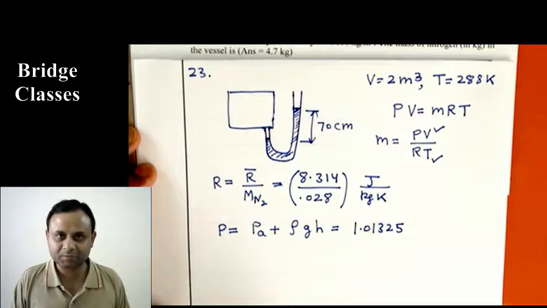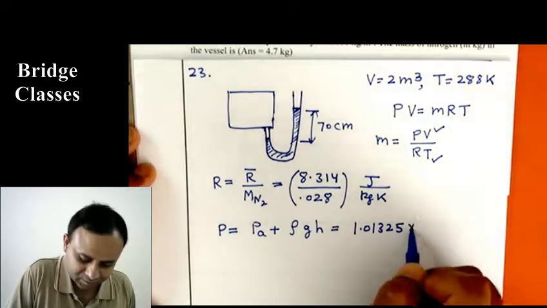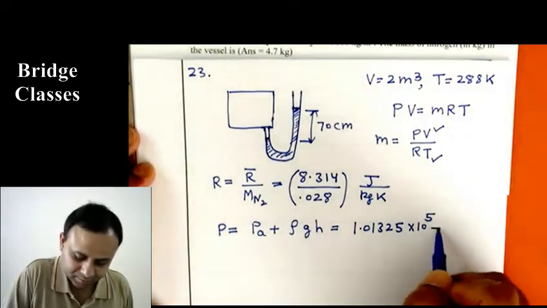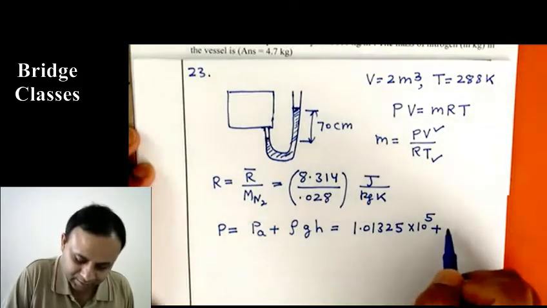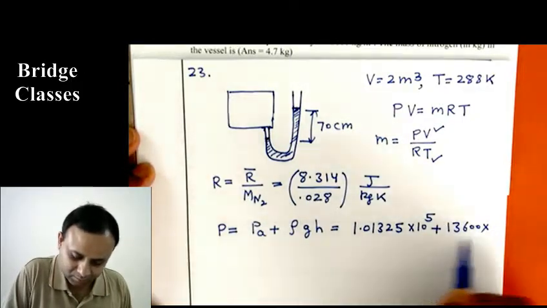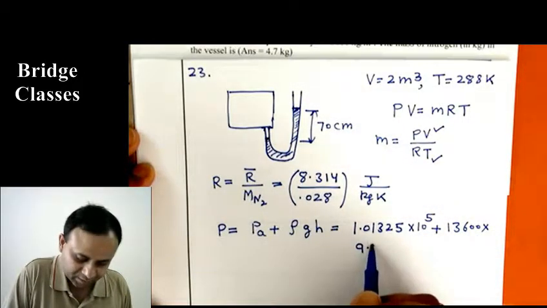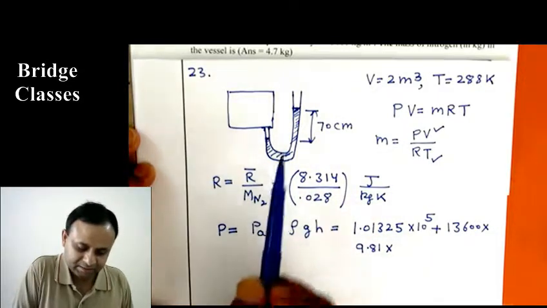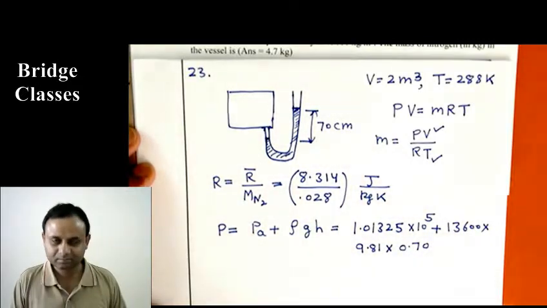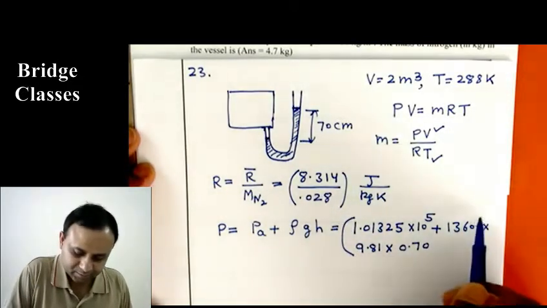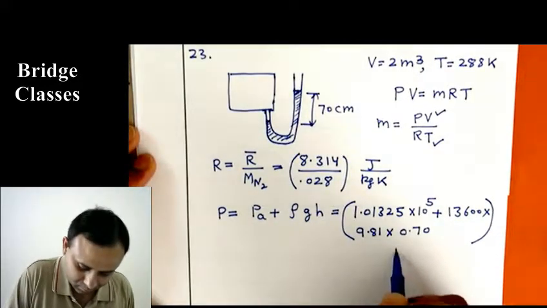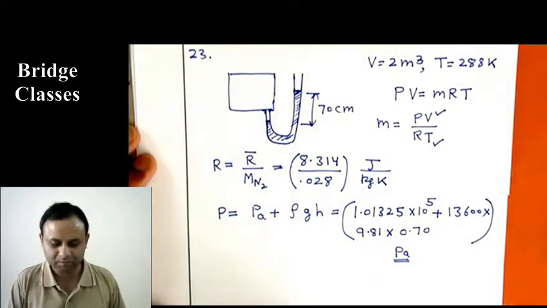You have to convert this to Pascal, so times 10 to the 5, that is Pascal. That is atmospheric pressure plus rho GH. Density of mercury is 13600 times, G is 9.81, and the height of this column is 70 centimeter, that is 0.7 meter. So this is the pressure you get in Pascal.